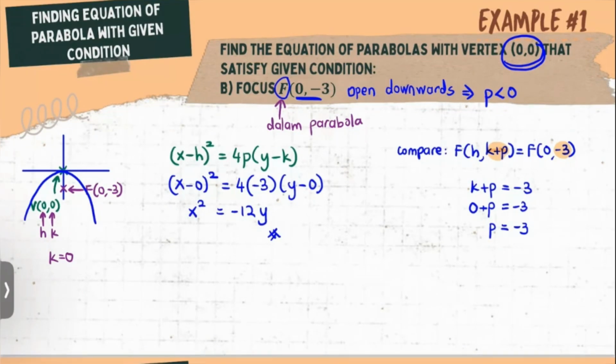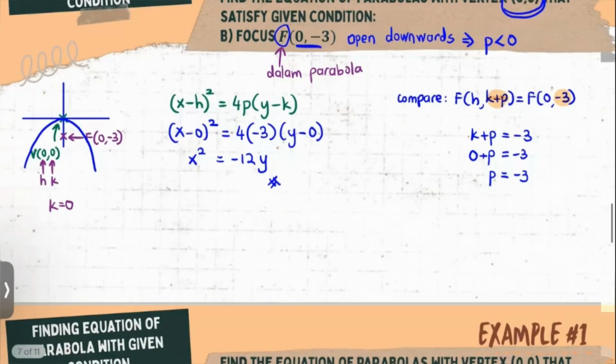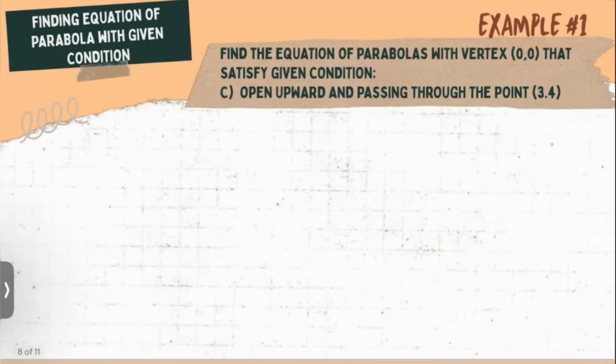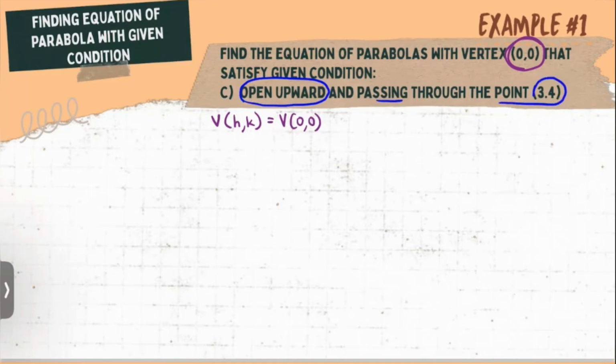Next will be, kita tengok condition lain pula. So masih lagi menggunakan vertex yang sama. Remember, vertex adalah h, k. Okay, so dekat sini vertex kita adalah 0, 0. Okay, so for condition C, it is open upward and passing through the point 3, 4.